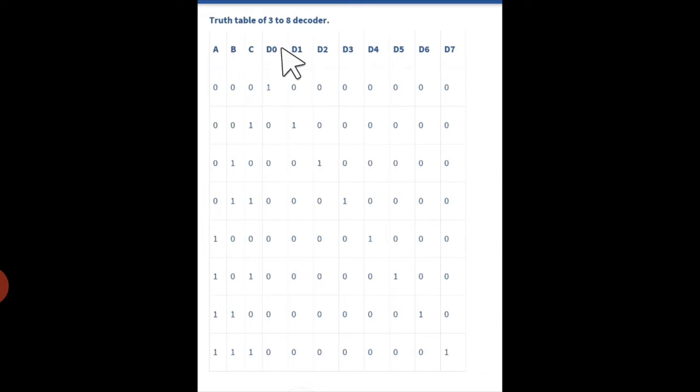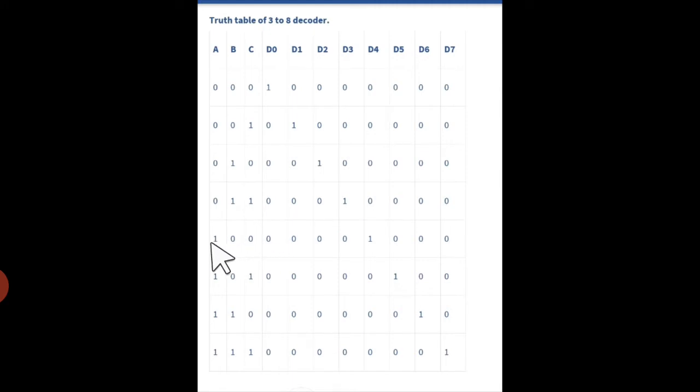So here you can see A, B, C all three have the value 0, meaning 0 0 0. So for this, the min term is going to be A complement dot B complement dot C complement. Similarly, when it is 1 0 0, in this case the zeros are going to be complemented.